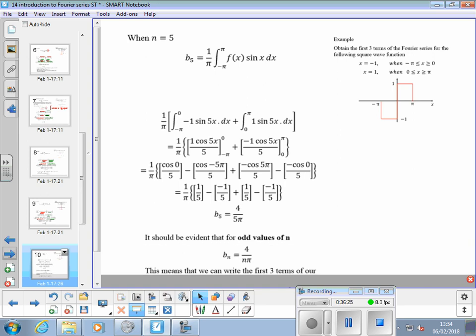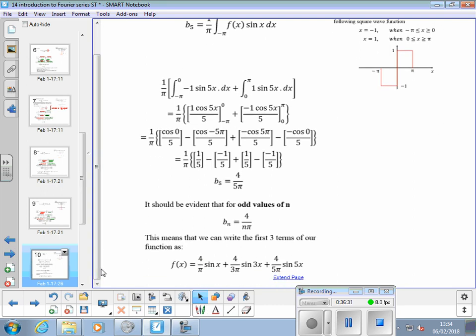So from that, it should be evident that for odd values of n, Bn, the B coefficient of number n, is 4/n times pi. In this case.